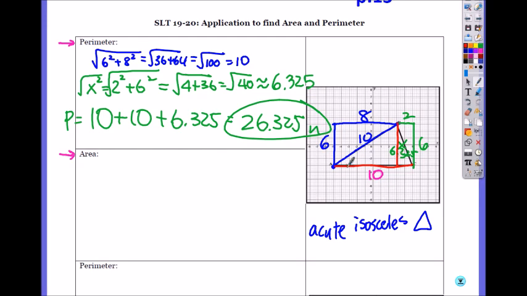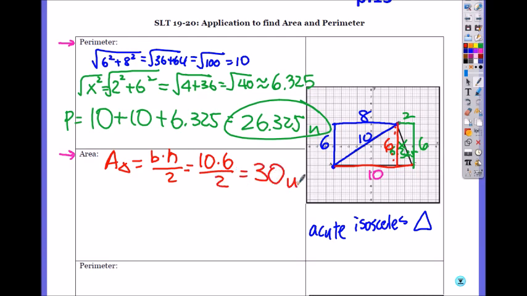So what's the base? 10. What's the height? 1, 2, 3, 4, 5, 6. 6. So how do you find the area of a triangle? It is small b, which is length of the base, times height, divided by 2. So it is 10 times 6 divided by 2, which is 30 units squared.